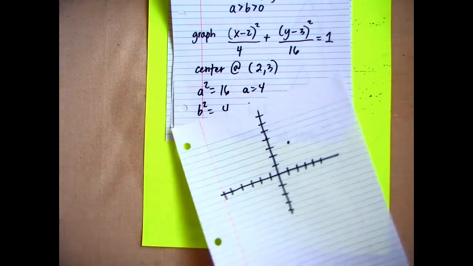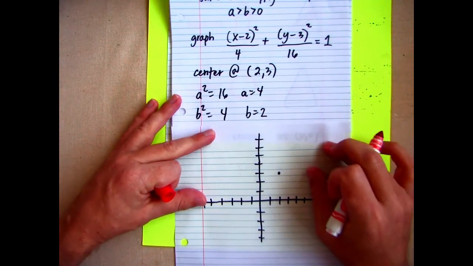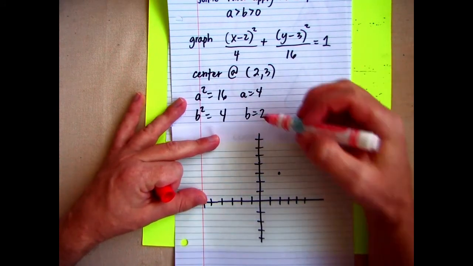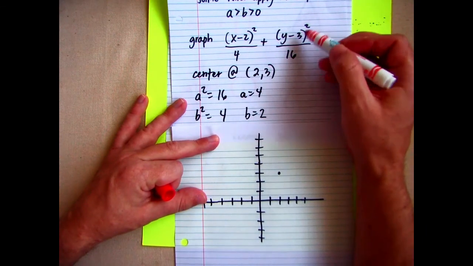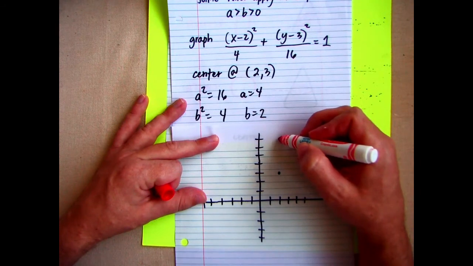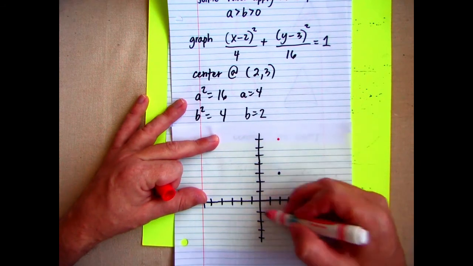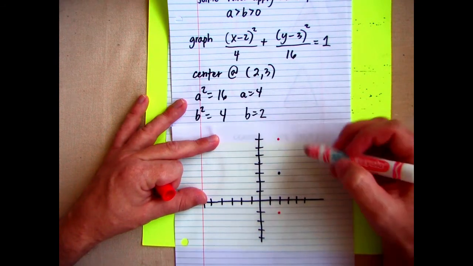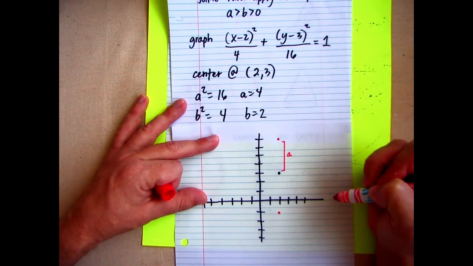So from that center, I'm going to go 4 units up and 4 units down. Now I'm going to apply my B value.